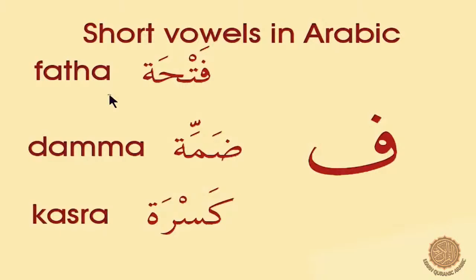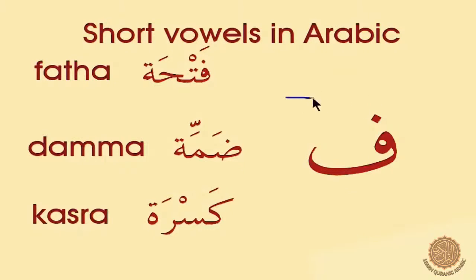We don't add them after the letter. We add them on top of the letter. So Fatha will be written with a line on top, like that. Damma will be as follows. It's like a small wow. And we have the Kasra, which is like a Fatha, but on the bottom.